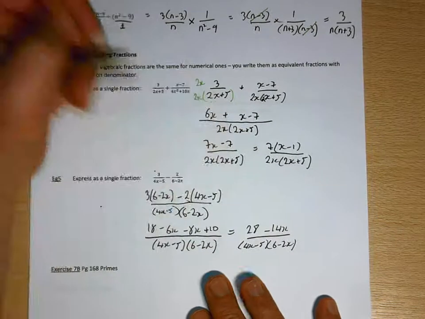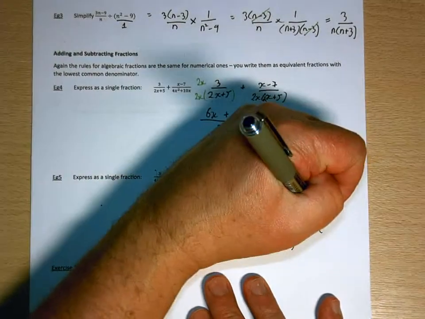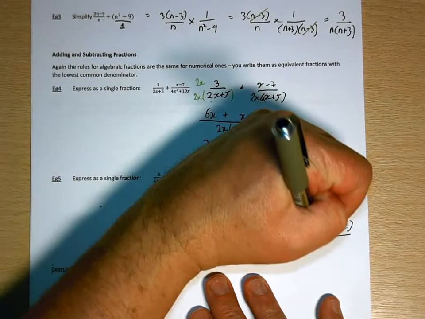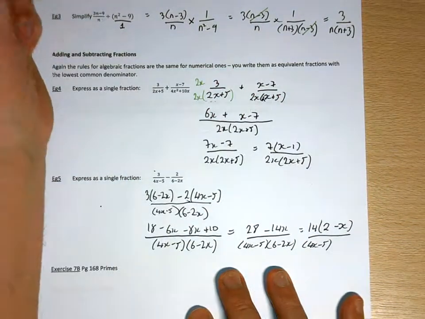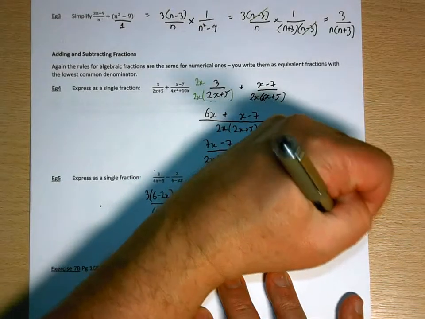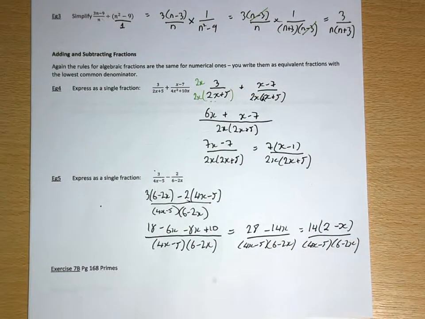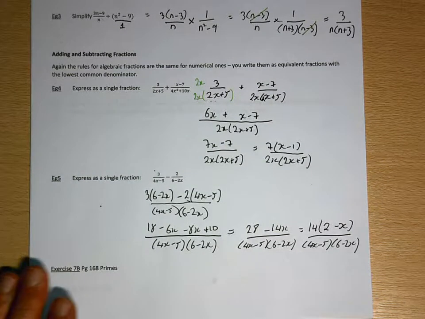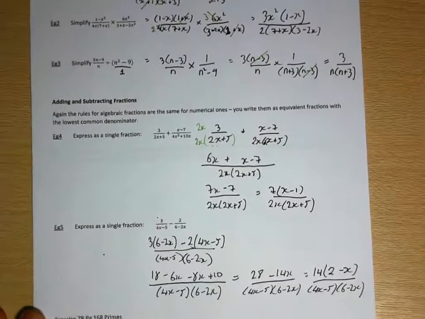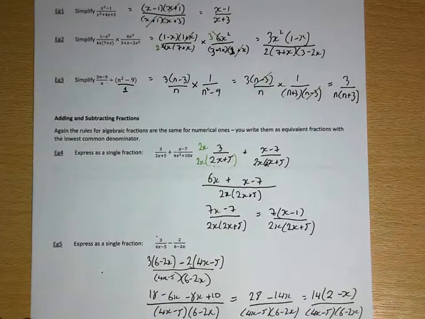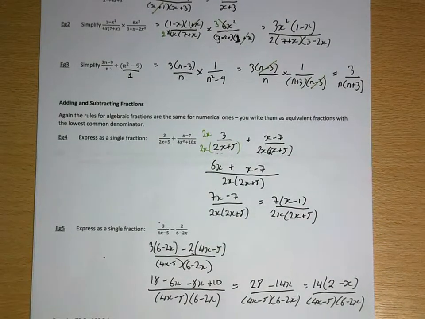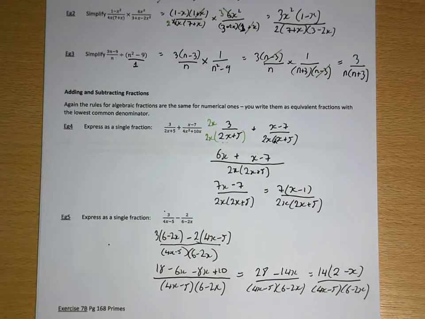And I can take 14 out of that, giving me 2 minus x all over 4x minus 5 times 6 minus 2x. Okay, so those are the examples we will be going through in class, and then hopefully you can get stuck into exercise 7b.